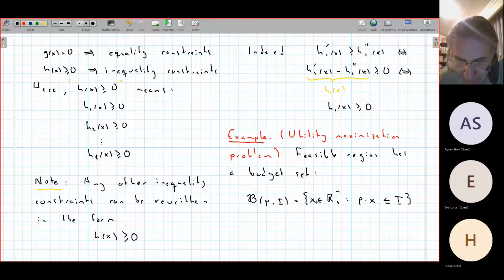The vectors x need to have non-negative components, and this inequality must be satisfied.